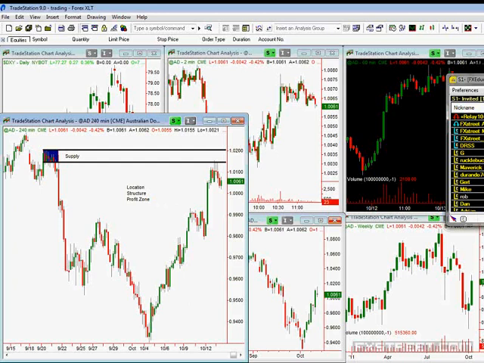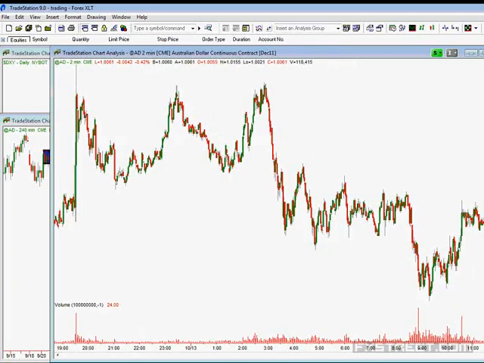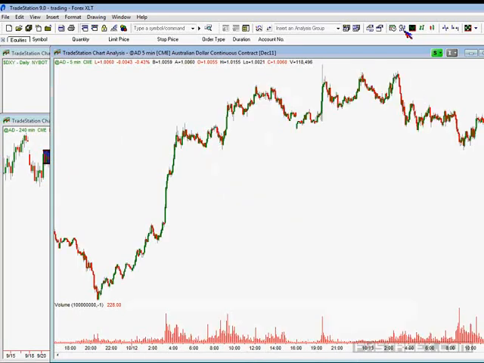Structure. When we come down and find a small time frame level, let's see if we have anything on this Aussie. Let me just scrunch this up a little bit and move this around. I don't see a great level in here. Let me just go to a different time frame here.